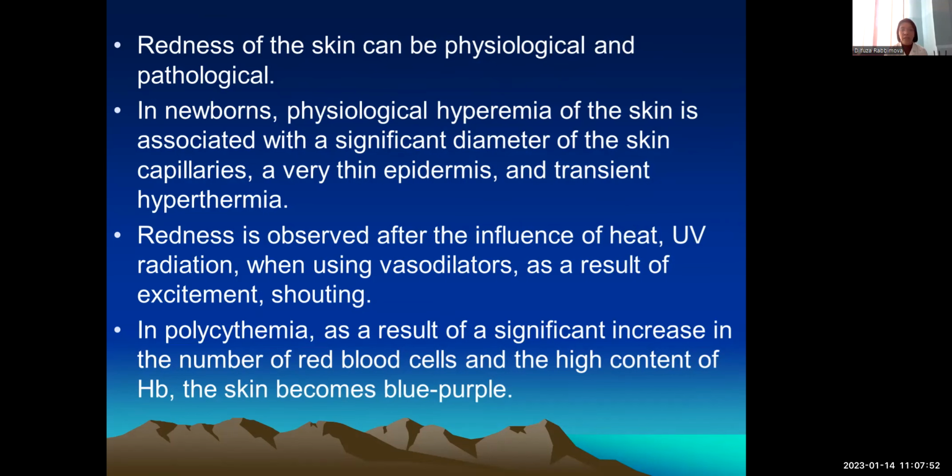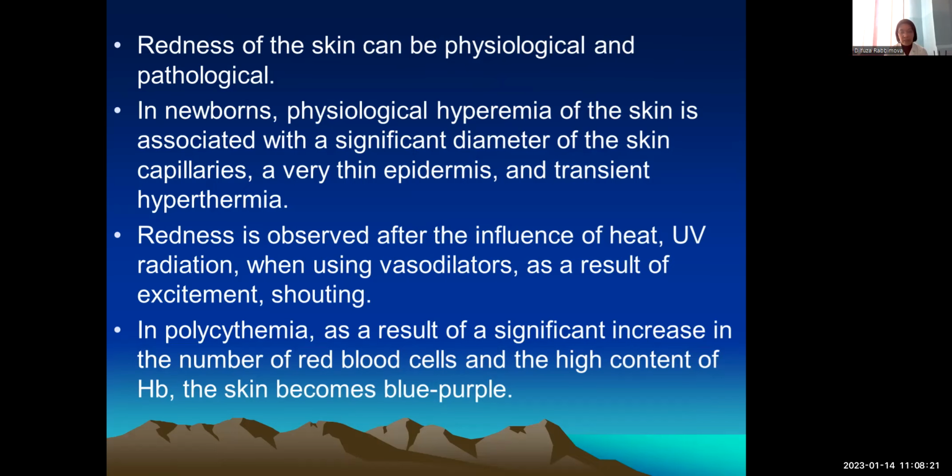In newborns, physiological hyperemia of the skin is associated with a significant diameter of the skin capillaries, a very thin epidermis, and a transient hyperthermia. Redness is observed after the influence of heat, UV radiation, when using vasodilators, as a result of excitement and shouting.